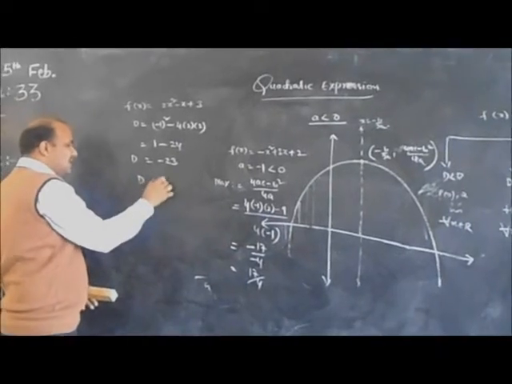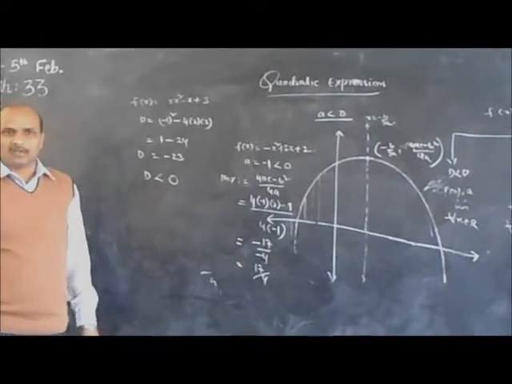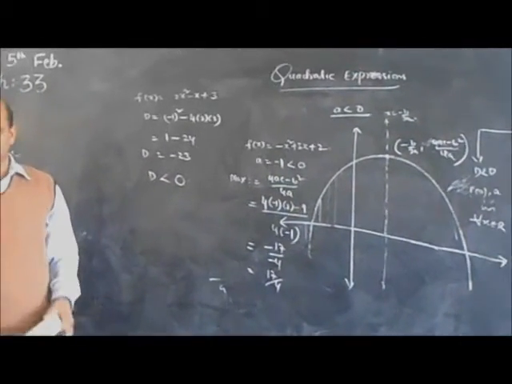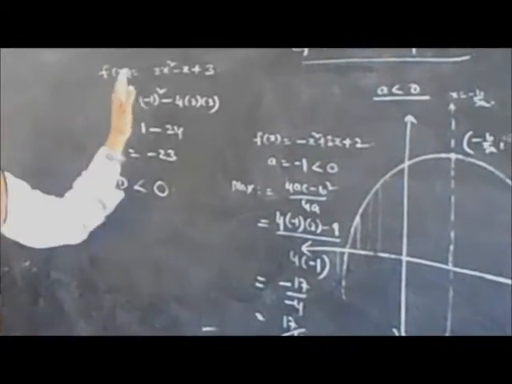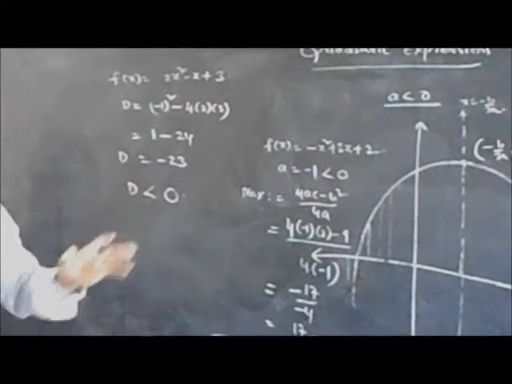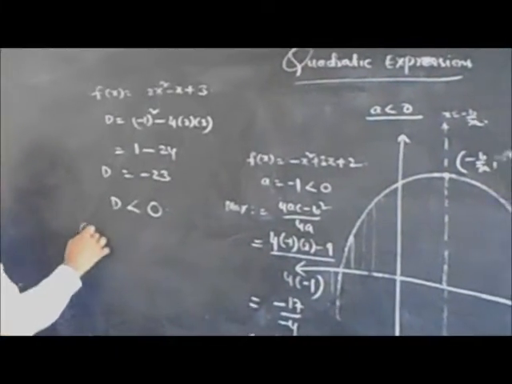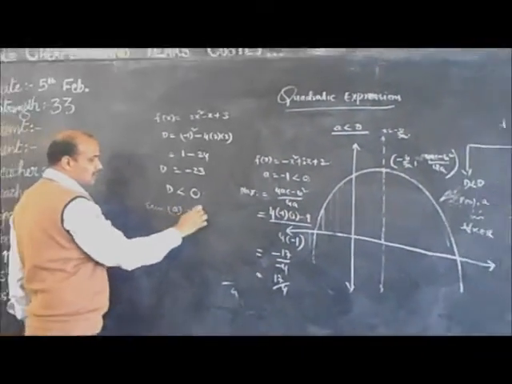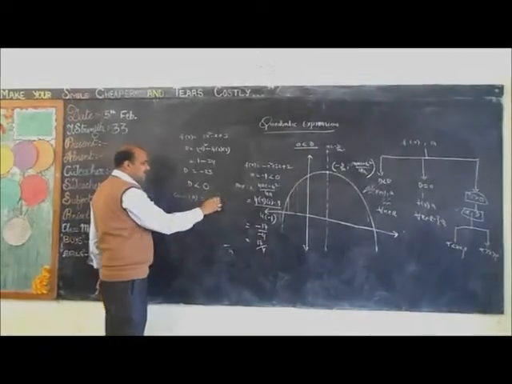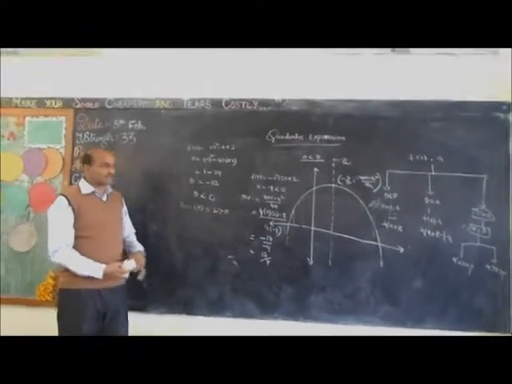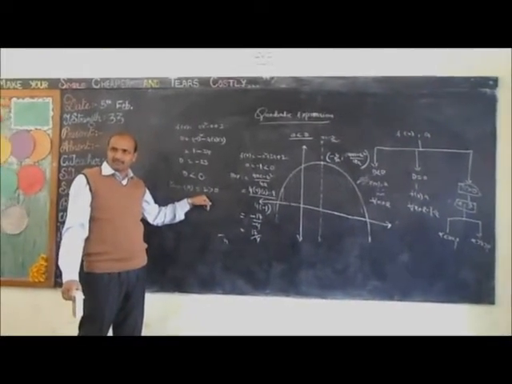When D is less than 0, what is the case? F of x and a have the same sign. So what is the coefficient of x square? The coefficient of x square, a, is equal to 2, which is greater than 0.